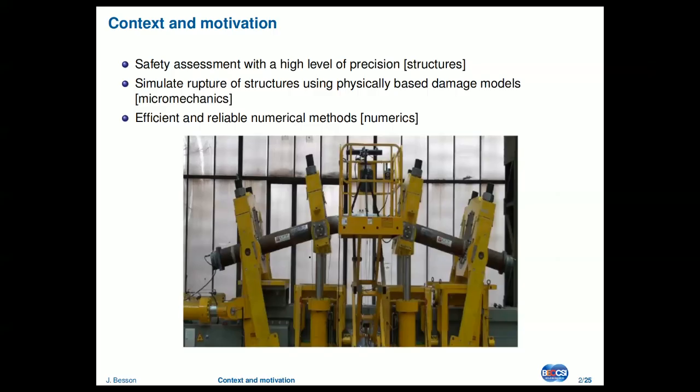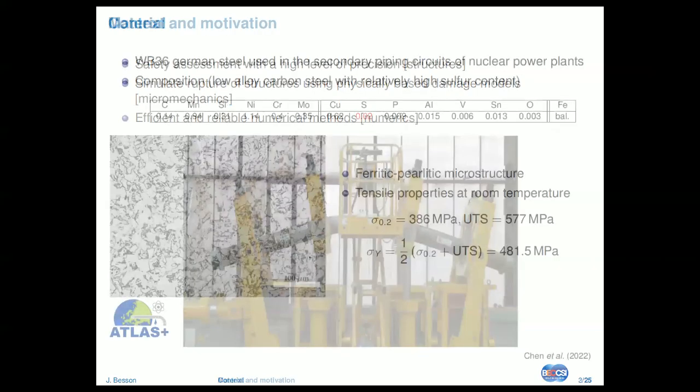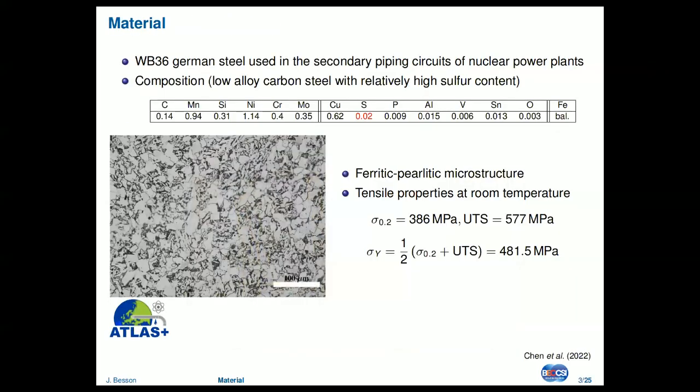So we analyzed that a few years ago, but I'm not going to speak about that test. I'm going to describe tests we have been doing on this material, which is coming from Germany and which is used in the German nuclear power plant as secondary circuit pipes. The composition of the material is fairly usual, with a slightly high sulfur content.